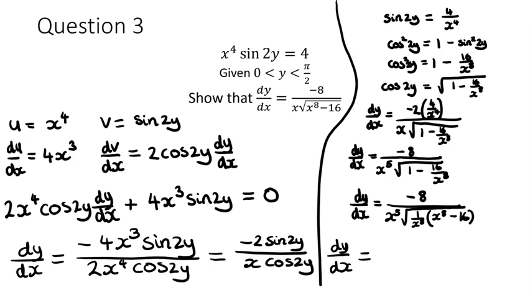And the square root of 1 over x to the power of 8 will just be 1 over x to the power of 4. So x to the power of 5 times 1 over x to the power of 4 will just be x. And then you've just got the x to the power of 8 minus 16 there.